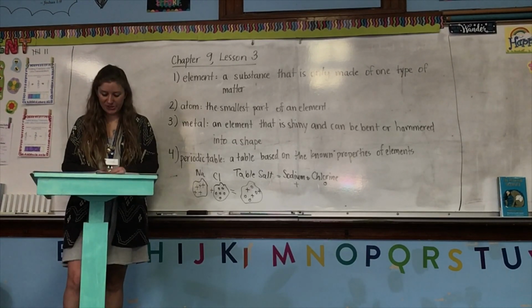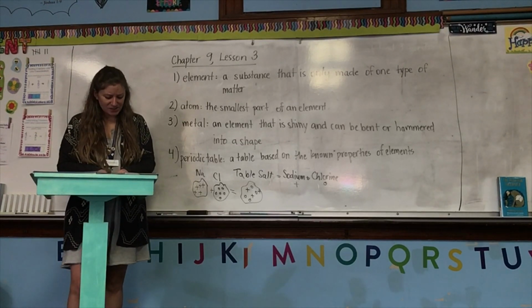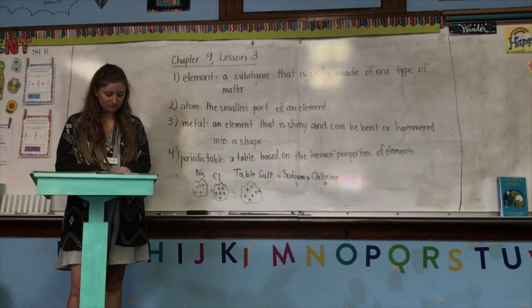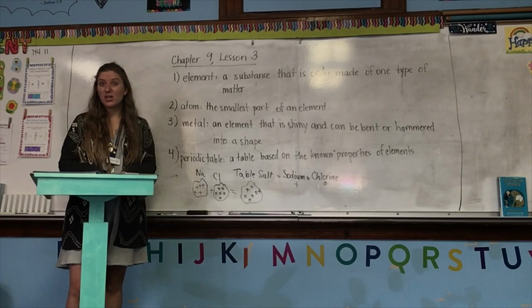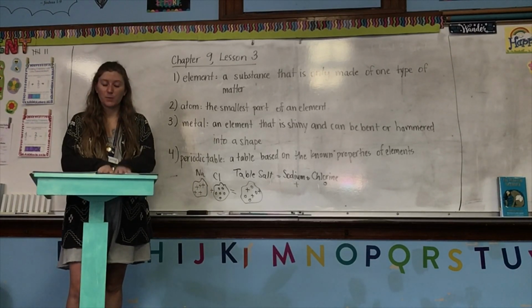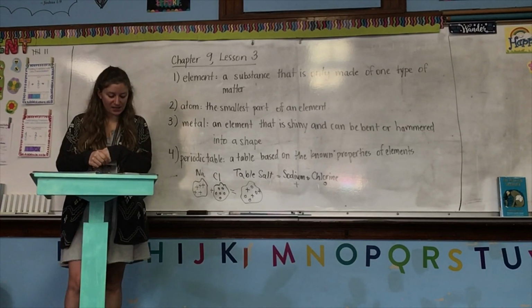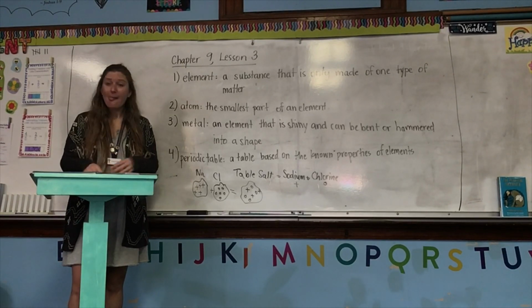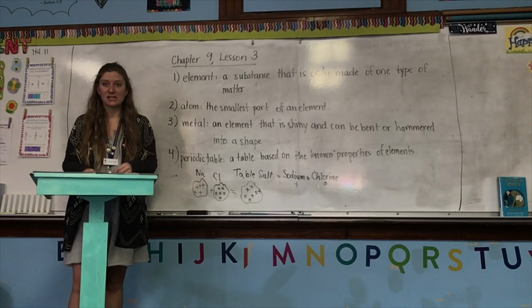The critical thinking question: Why might a scientist want to make a prediction about an element? You may have a different answer. This is critical thinking. That means it comes from your brain, not necessarily the book. But one possible answer is they want to test how elements react with other elements. They also want to be safe while doing experiments.